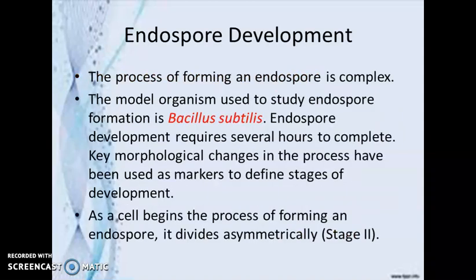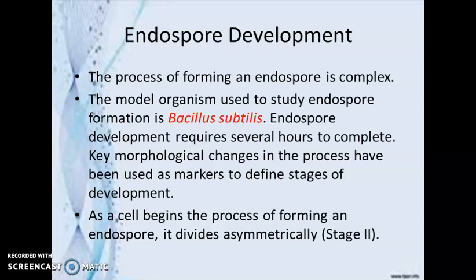Next is endospore development. The process of forming an endospore is very complex and we usually select a model organism for studying endospore formation, and it is Bacillus subtilis. It is a gram-positive rod-shaped bacterium.